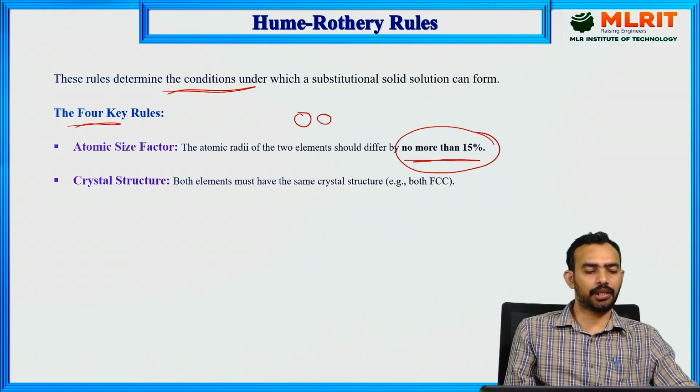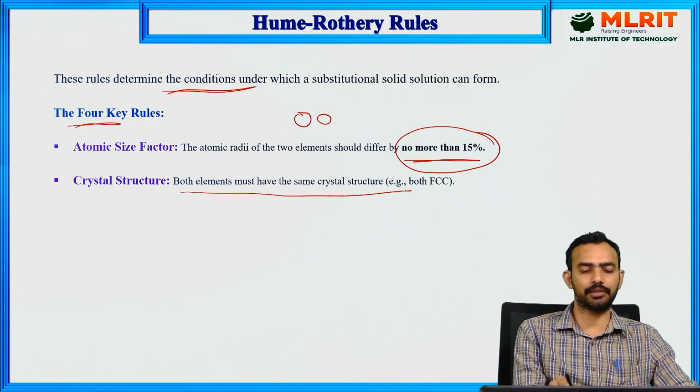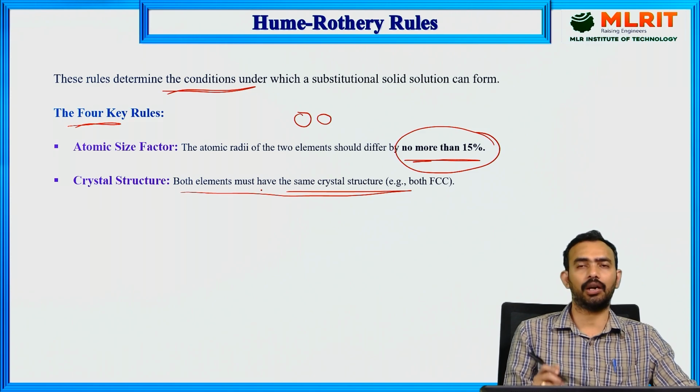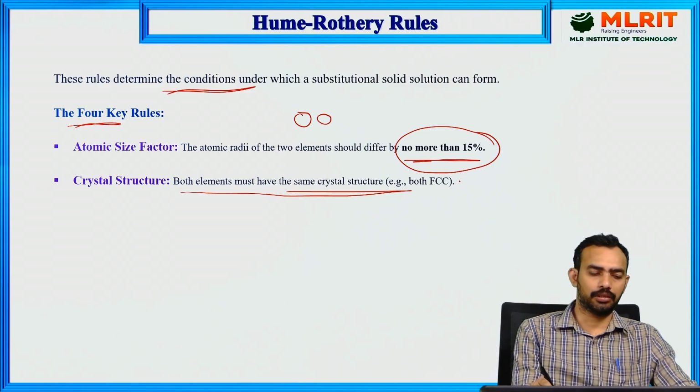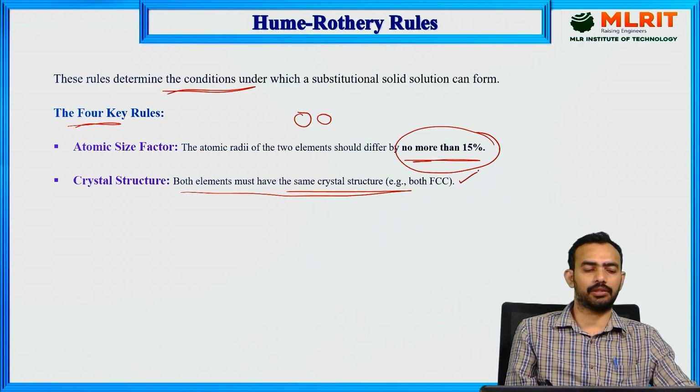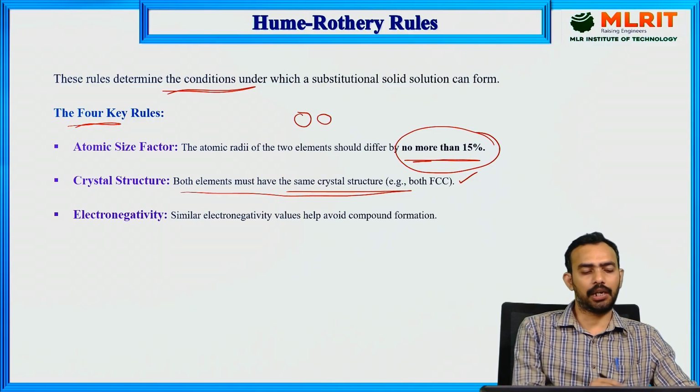And the second one is crystal structure. Both elements must have the same crystal structure. If the solvent atom has an FCC crystal structure, the solute atom also needs to have an FCC crystal structure, right? Next one is electronegativity.